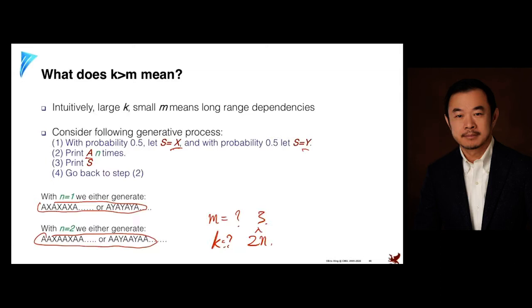In this case, you can see what it is essentially achieving is that it is no longer a hidden Markov model of first order. It is really capturing longer-term dependencies. I'm going to look at the history and check how many A's I already have before I reach n and produce an X or Y. Right, so long-term dependencies.